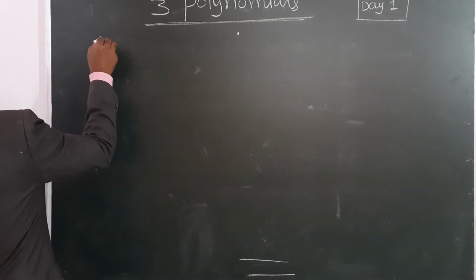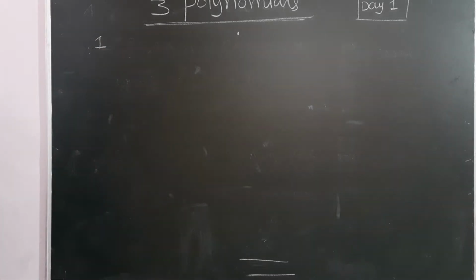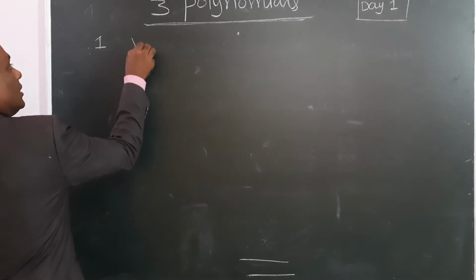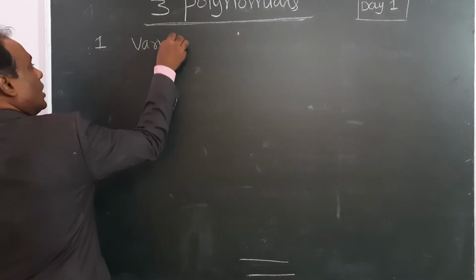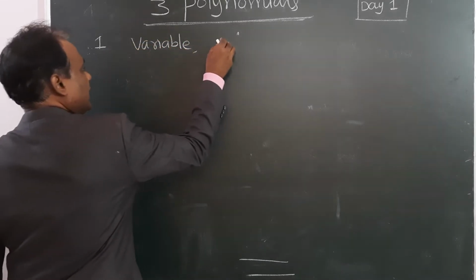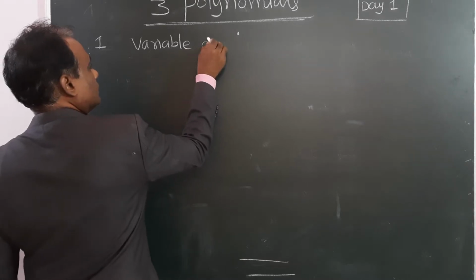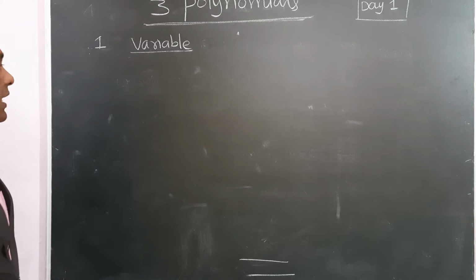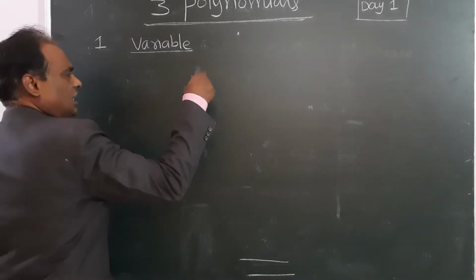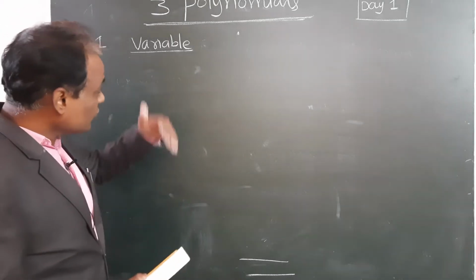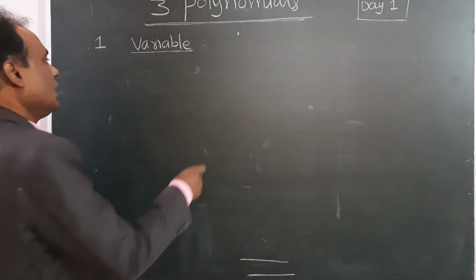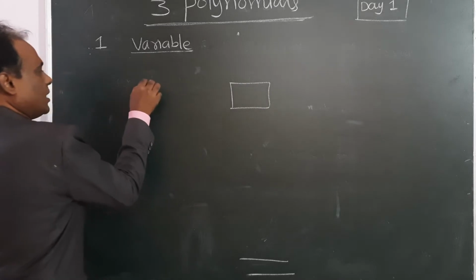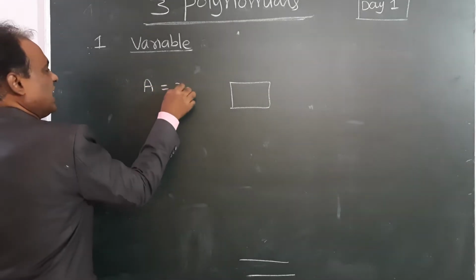So before I define the polynomial, of course you studied the definition in the lower classes, but in this class also I will give the definition. Variable. What is a variable? See, in any expression, if the value changes, for example, this is a square, so the area of the square is x square.